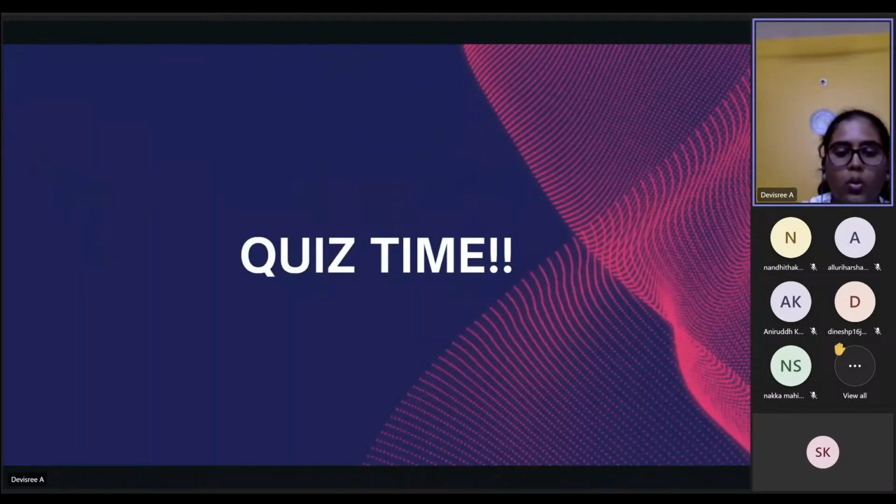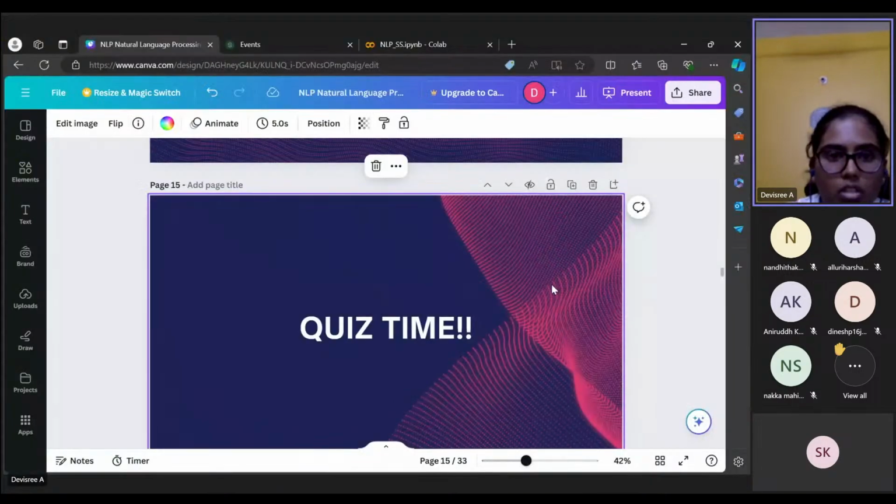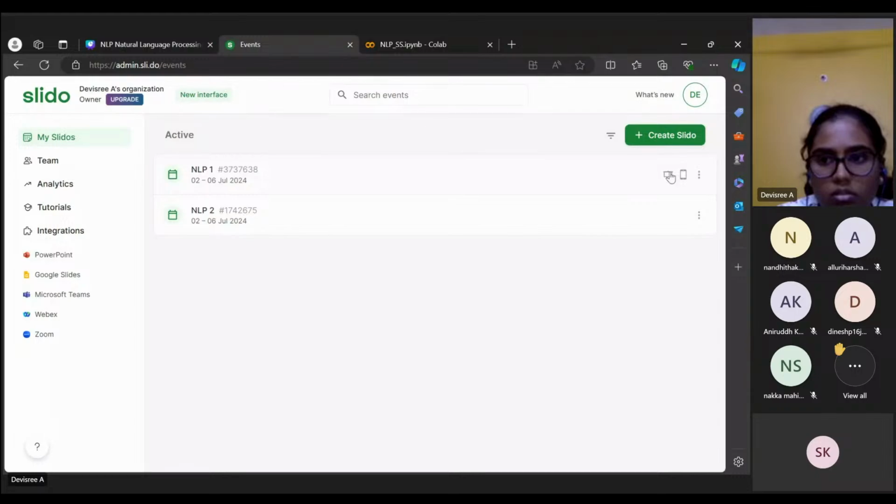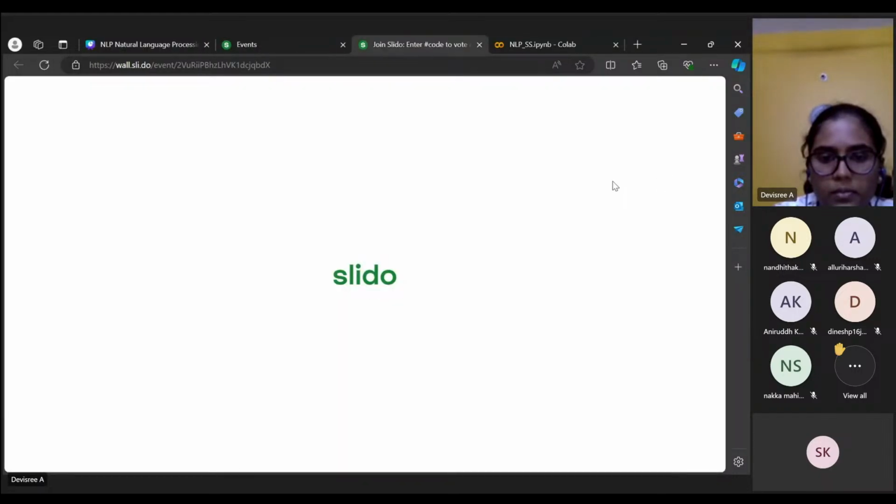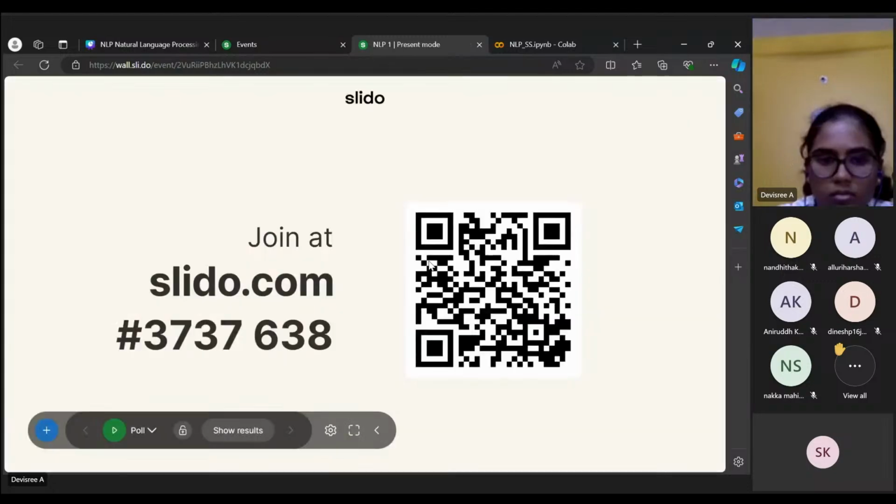This time I'll present you a Slido question. Everyone scan this QR. I will start the quiz in about a minute.